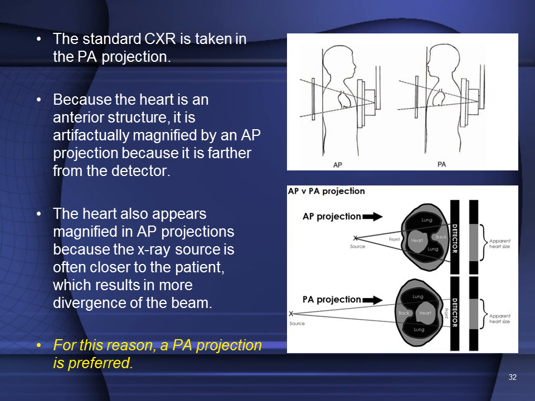And for this reason, we need to have a standard that is used in medicine. And that standard is that the preferred or standard projection for the chest X-ray film is the PA projection. So not only is the chest X-ray the most commonly used radiograph, but it is most commonly taken as the standard in the PA projection.